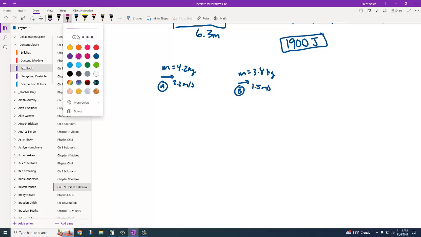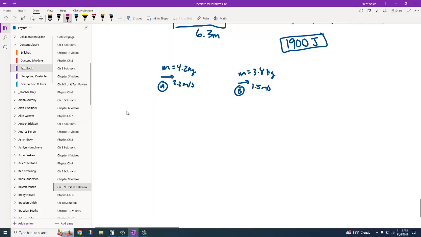This is an elastic collision, so there are a couple of equations we have to use. The first is MA VA plus MB VB equals MA VA plus MB VB, before and after. So the mass of the object A is 4.2 times its velocity before the collision, 3.2, plus the mass of the second object, 3.8, times the velocity of the second object, 1.5.